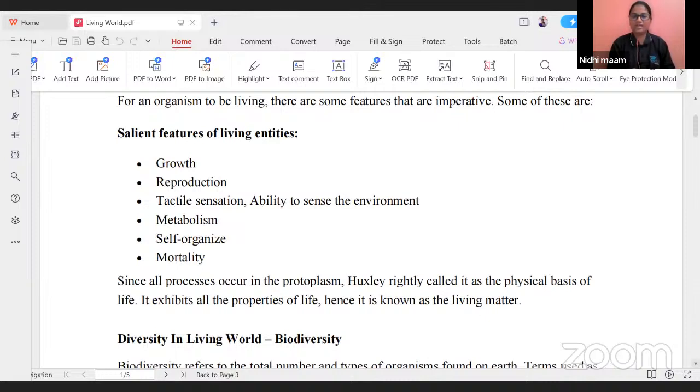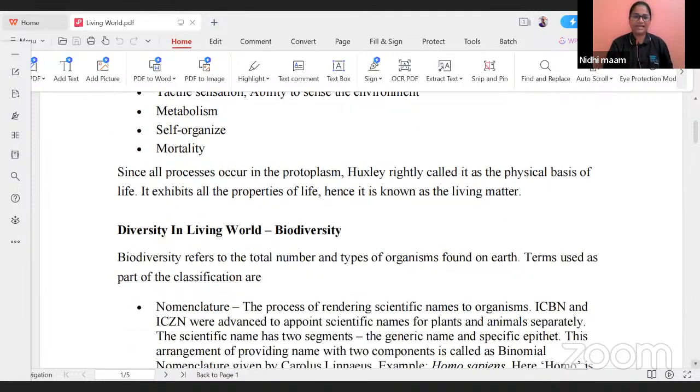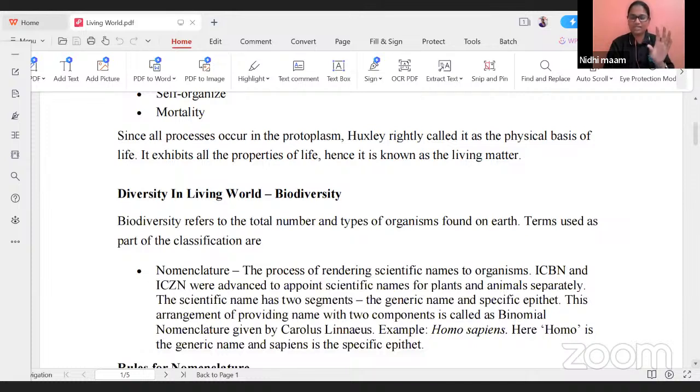That is growth, reproduction, tactile sensation, ability to sense the environment, metabolism, self-organization, mortality. These are all the salient features of a living entity. We are only focusing on the points which are important for CET. I am not dealing with the whole synopsis of the lesson here.